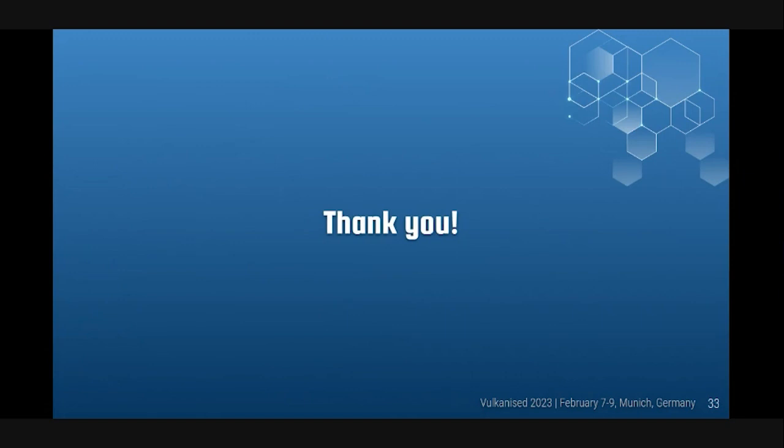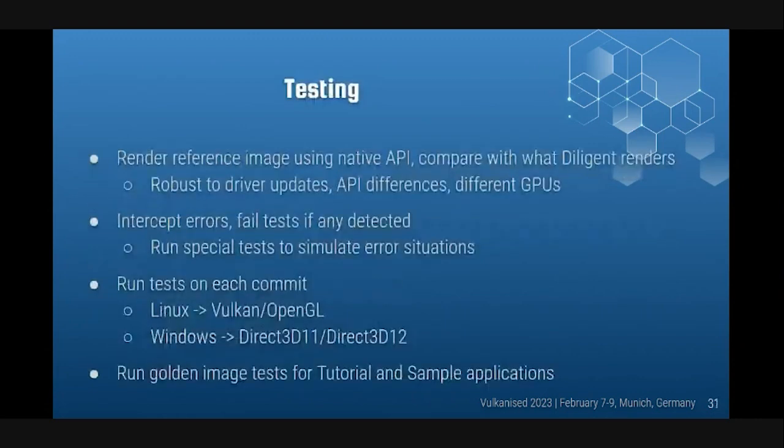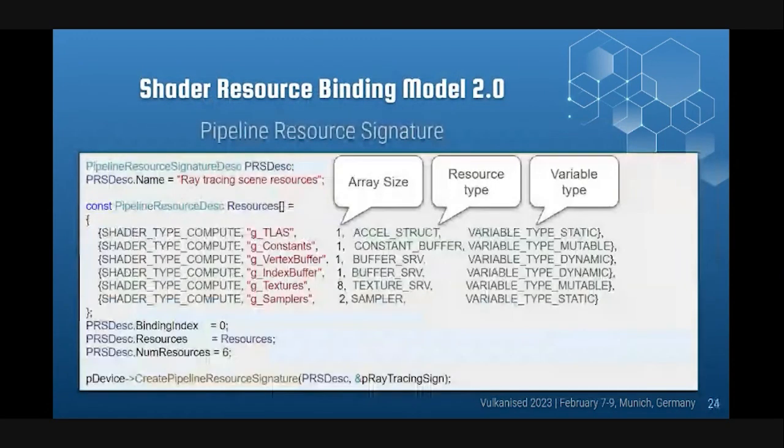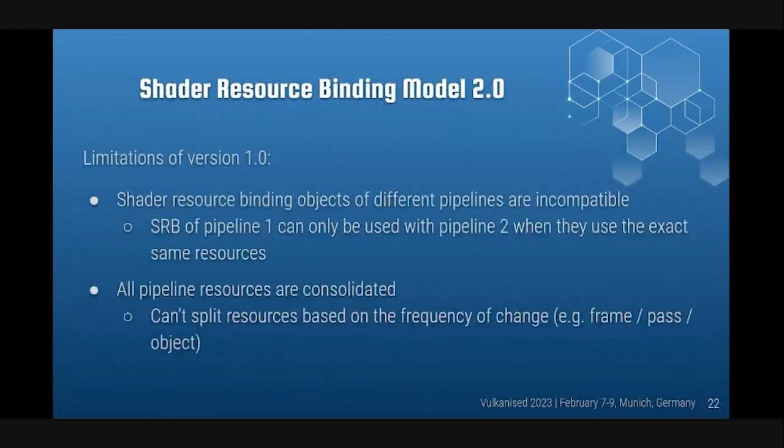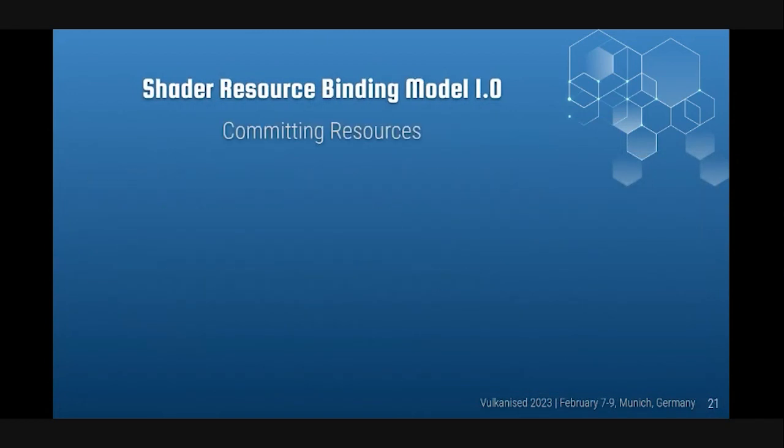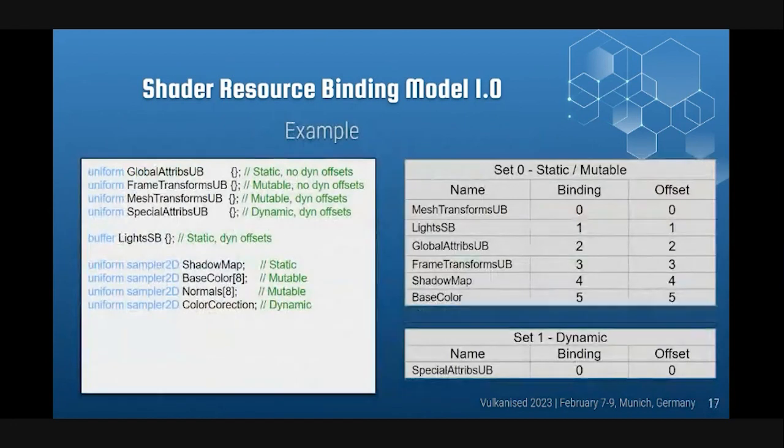Yeah, so the question was, do we track any resource states, or is this up to the developer to take care of? We can do both. So let me show you this slide.